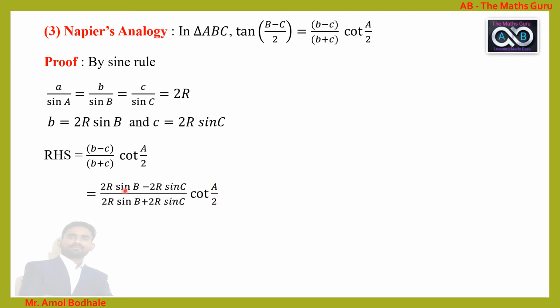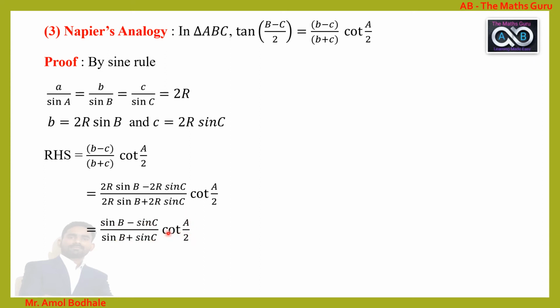So here we can take 2R common from numerator. Similarly we can take 2R common from denominator and we can cancel this 2R. So by cancelling 2R we get sine B minus sine C upon sine B plus sine C into cot of A by 2.